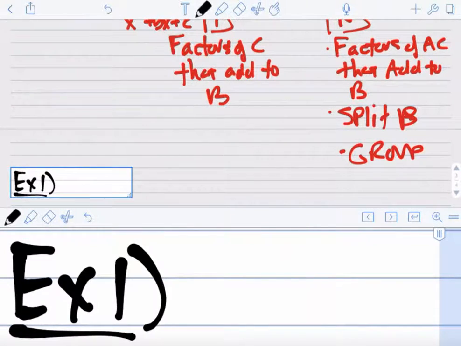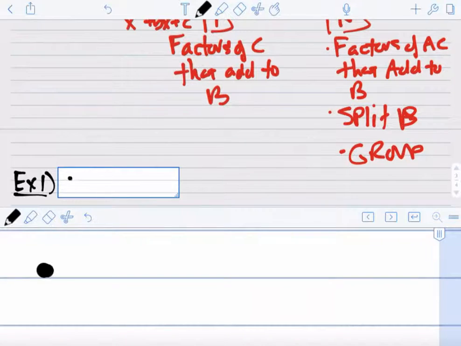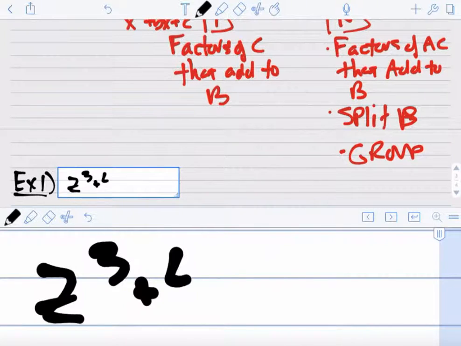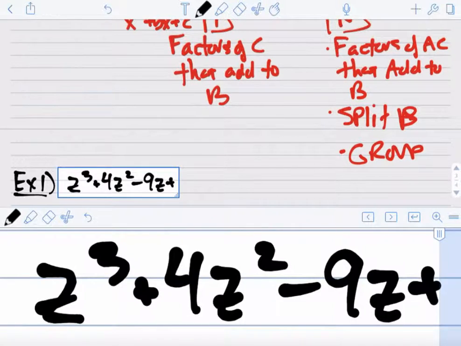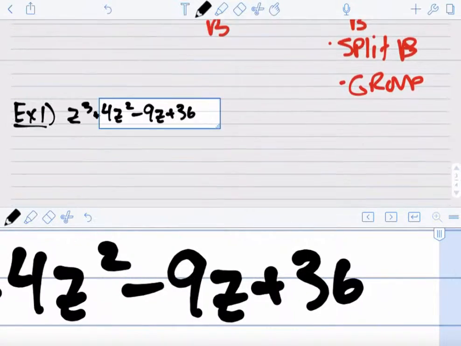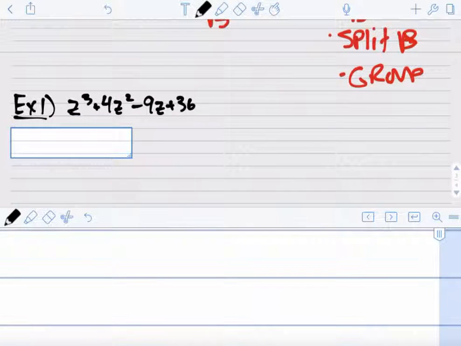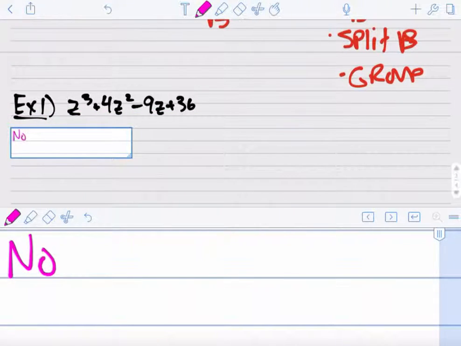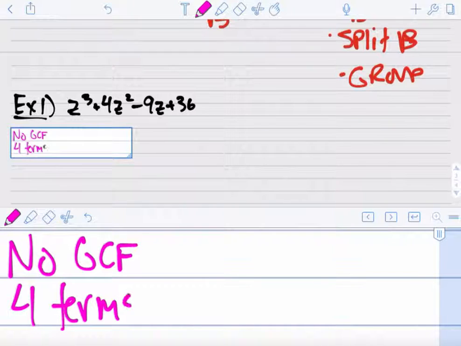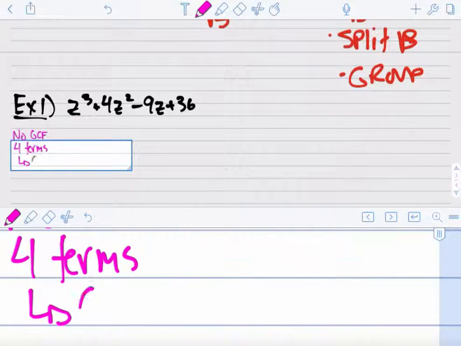Example 1 is z cubed plus 4z squared minus 9z minus 36. If we look at this, we have no GCF. We have 4 terms, so we're going to look to group.